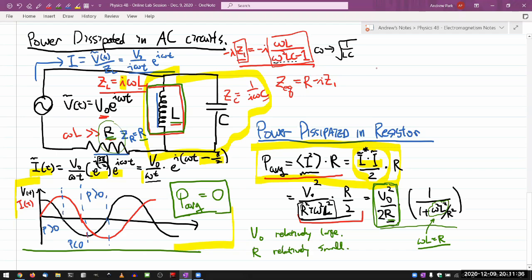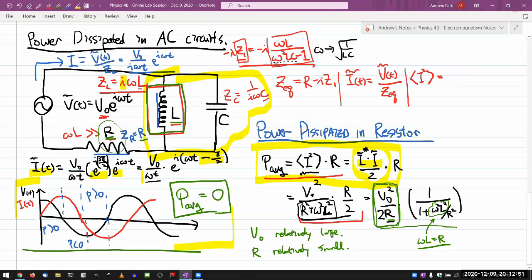And with that complex impedance, the current through the circuit will be the applied complex voltage divided by the equivalent impedance. Or if I'm interested in just the time average of the current squared, then the way you would calculate it is this way.